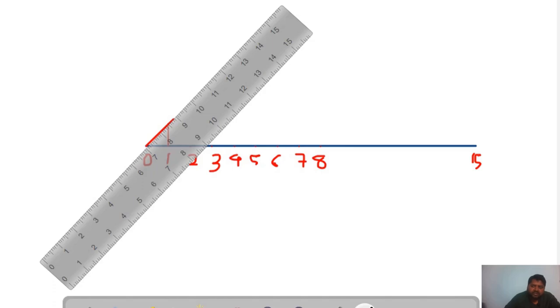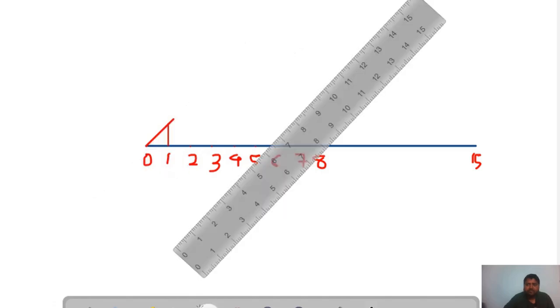Now we name this: here this is O, here it is P1 and this is P2. Now we draw a perpendicular on the base OP2 with 1 unit.